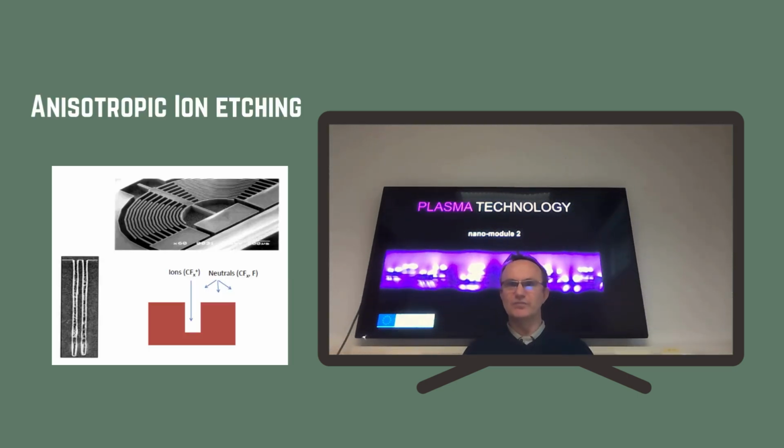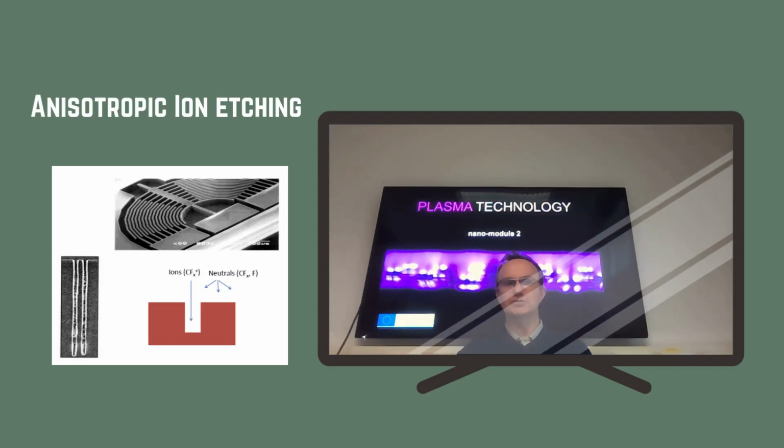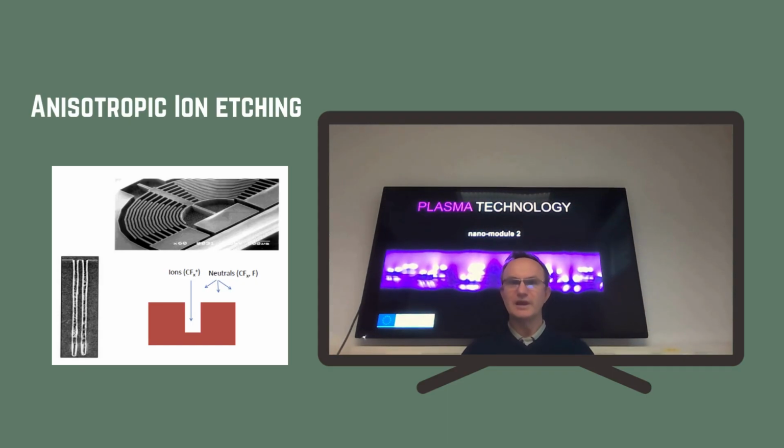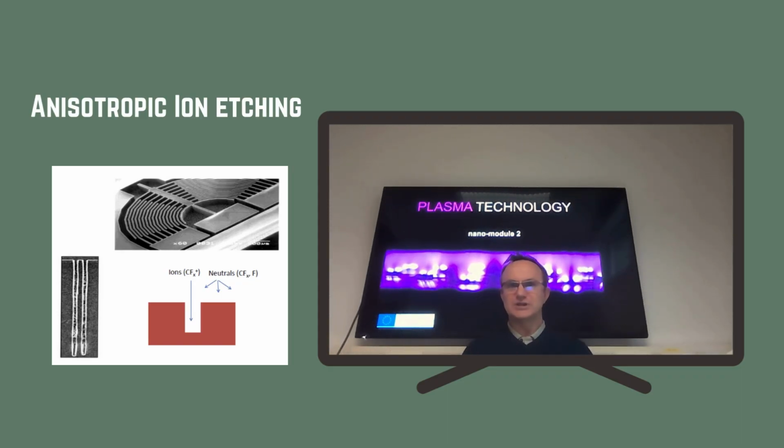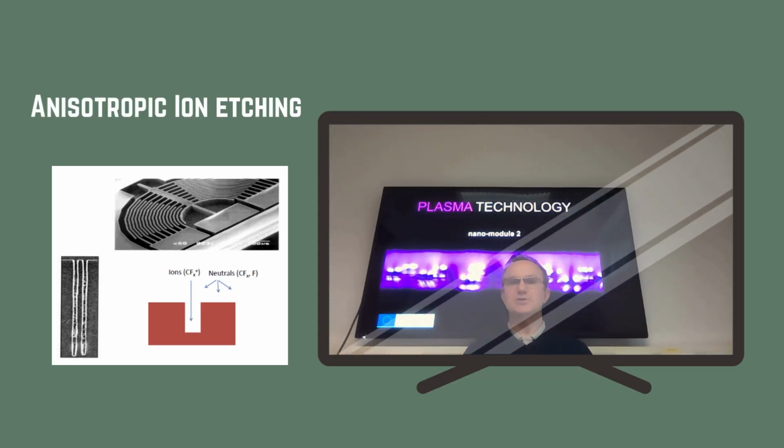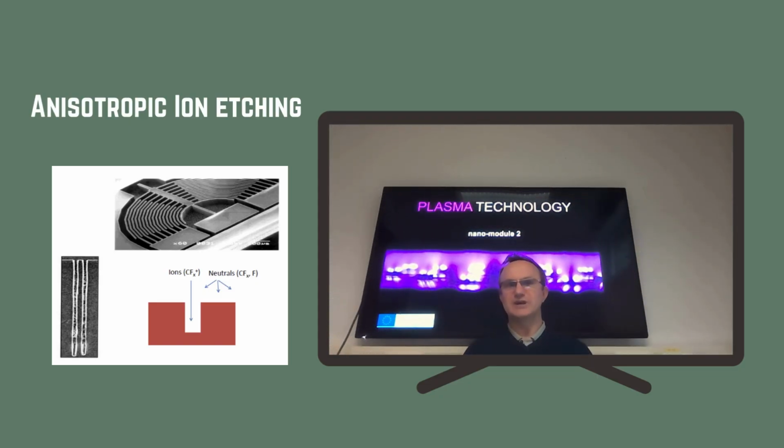And what we can do by playing with the electrical field, by playing with the magnetic field in the plasma, we can achieve reactive ion etching, which is possible to do at low pressure. Now ions are coming to the wall where we can put the target, for instance, a semiconductor plate. Ions are coming to the surface with specific velocity and in specific direction, so we can reach anisotropic ion etching of the substrate with precision of nanometer scale.